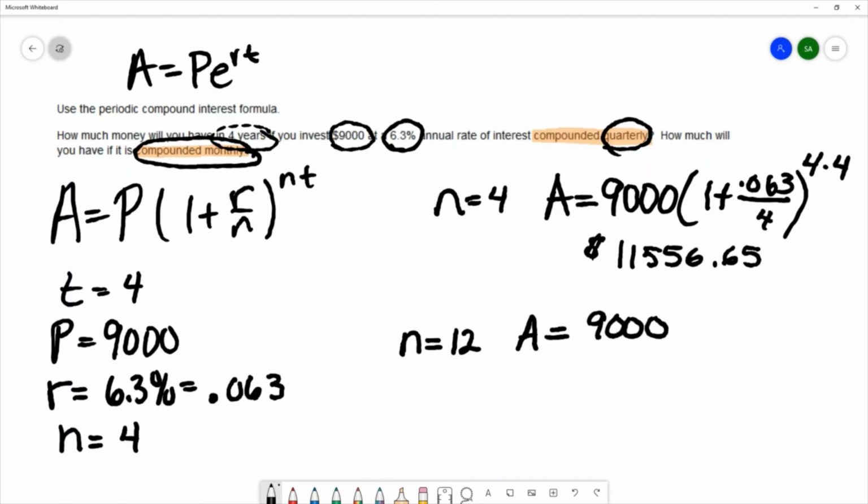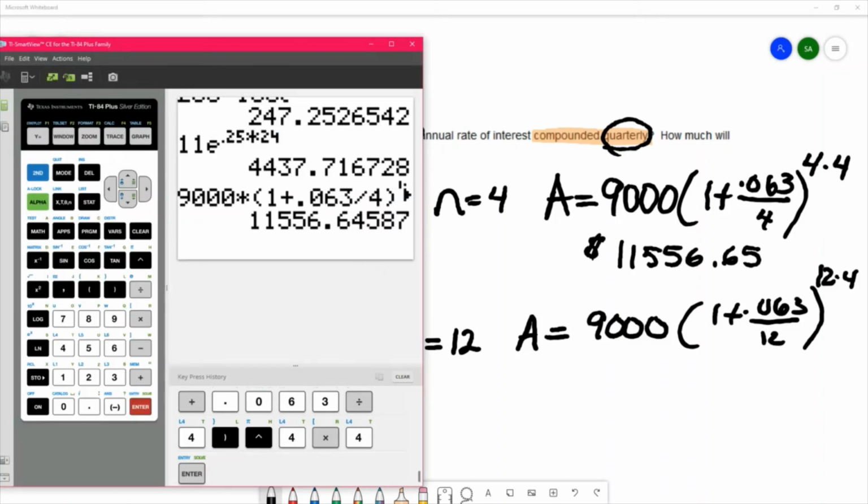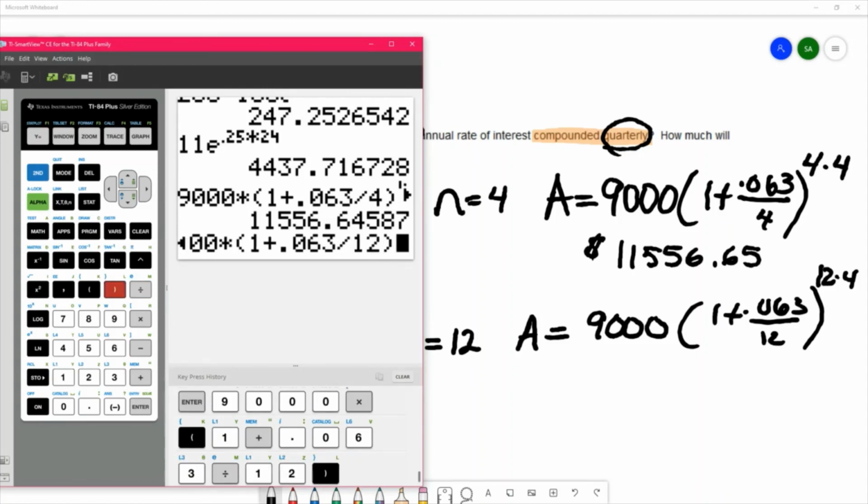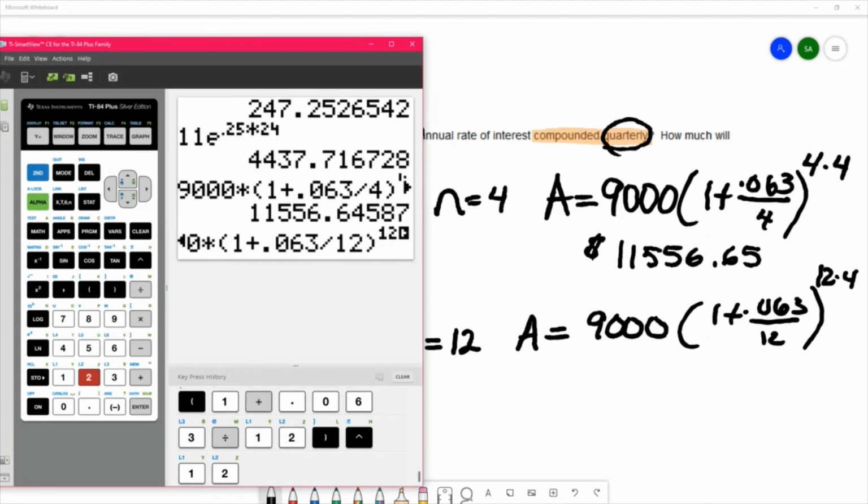It's 9,000 times 1 plus 0.063 over 12 to the 12 times 4. We'll type this in the calculator.